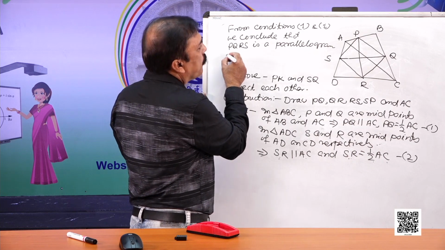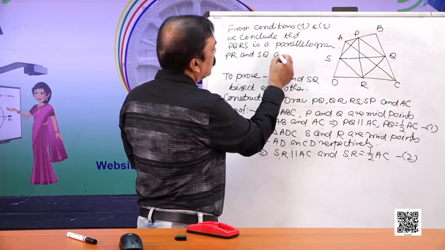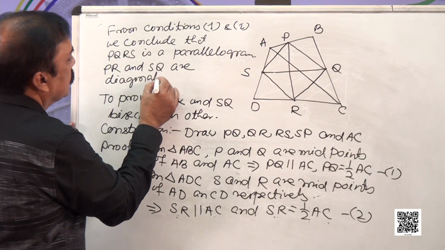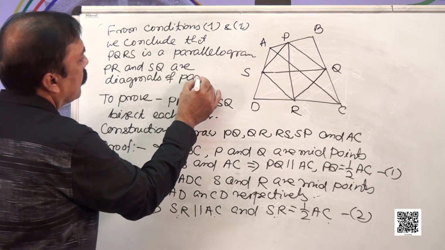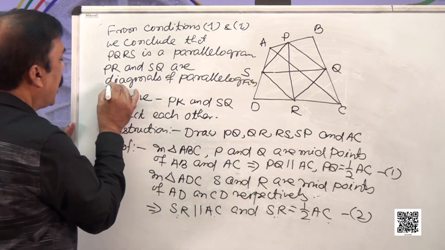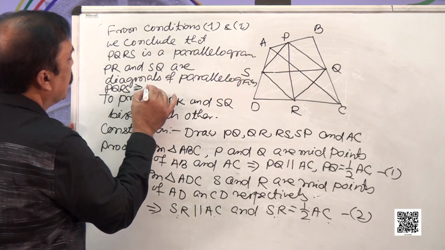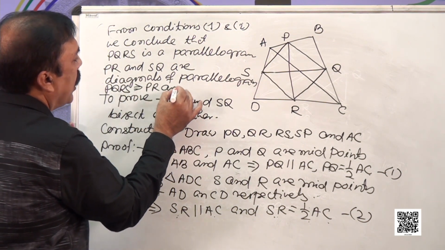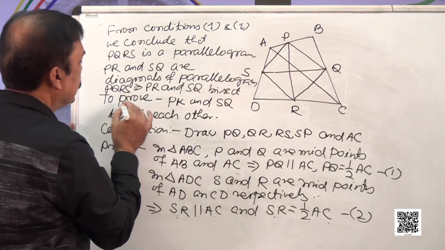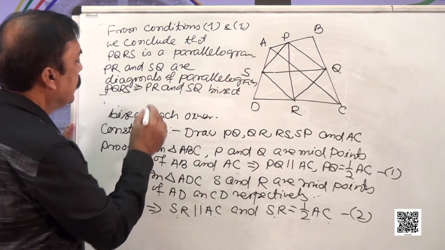As PR and SQ are diagonals of parallelogram PQRS, this implies PR and SQ bisect each other.